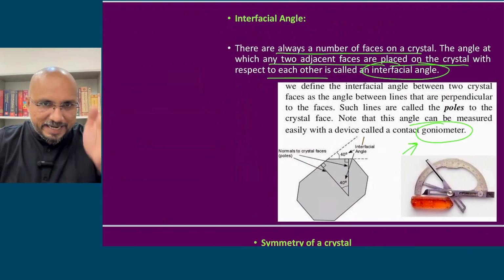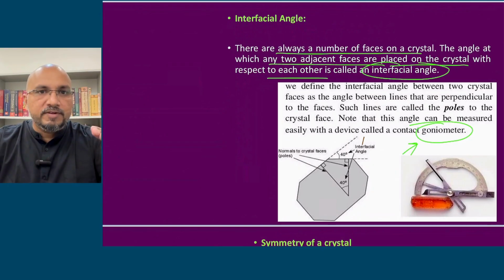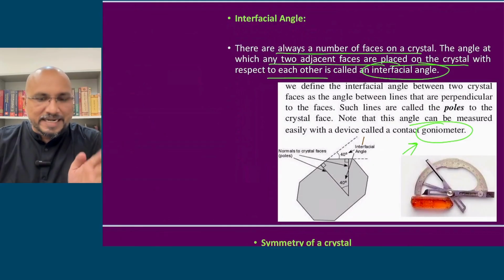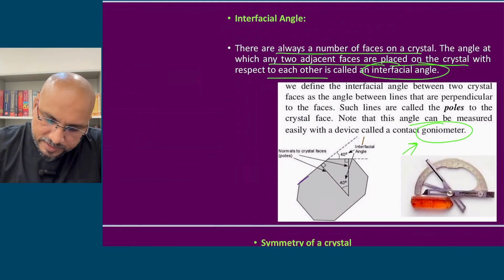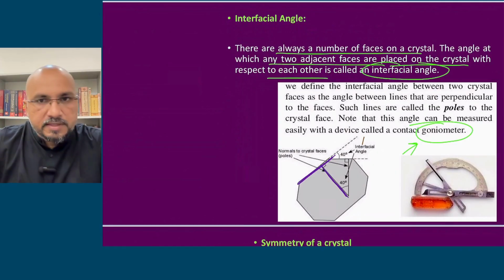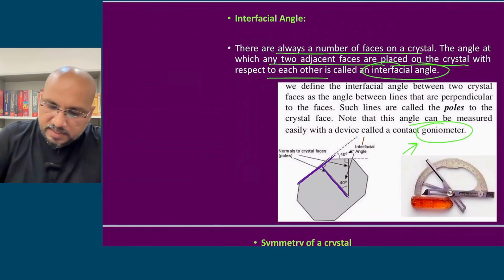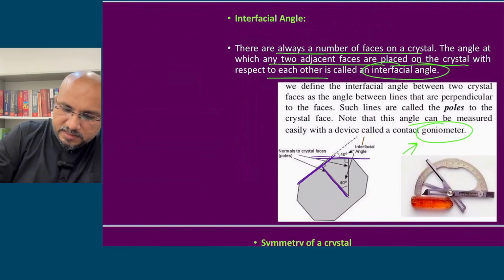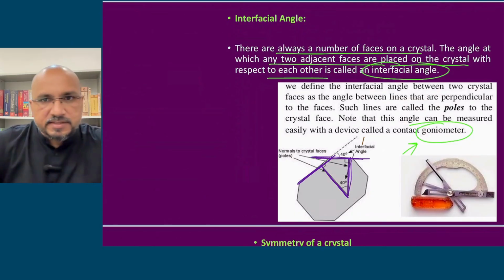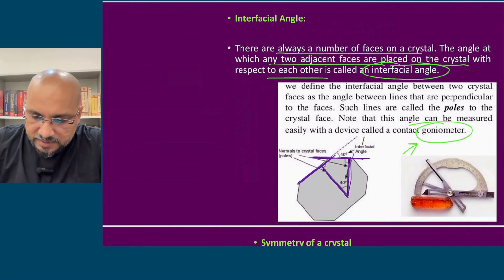So here you can see this is one face, and from here we are drawing a line which is at 90 degrees to this face, the pole of the face. Here also on the second face we are drawing a line which is 90 degrees to the face, and the point at which they intersect will measure the angle.